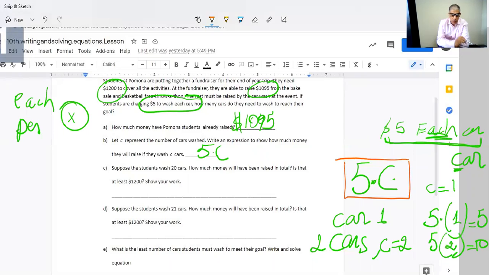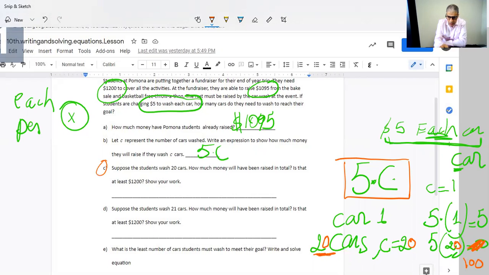Okay, so the third question here, C, says, what if the students wash 20 cars? How much money are they going to collect in total? Okay, so just like we did here, instead of 2 cars, it's going to be 20 cars. So C is 20, and then we do 5 times 20, and 5 times 20 gives us 100.